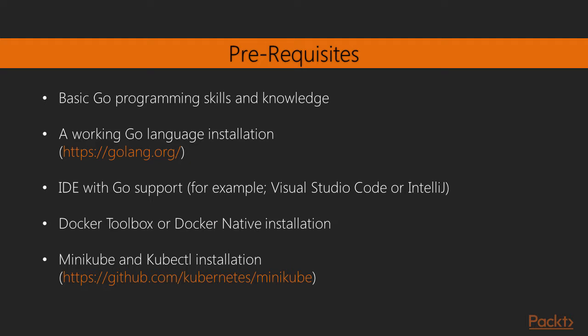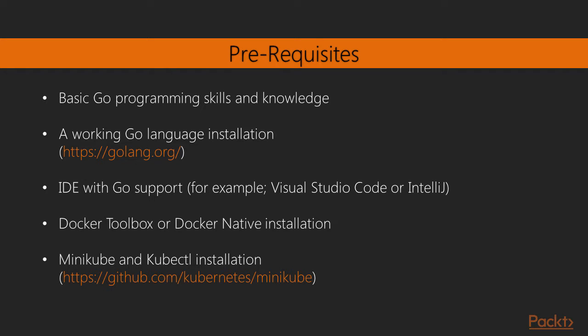So here are a few prerequisites. I assume that you do know the Go programming language and you have basic skills and knowledge. Of course, I also assume that you have a working Go language installation on your computer. And it doesn't matter if you're developing under Windows or on a Mac or Linux.